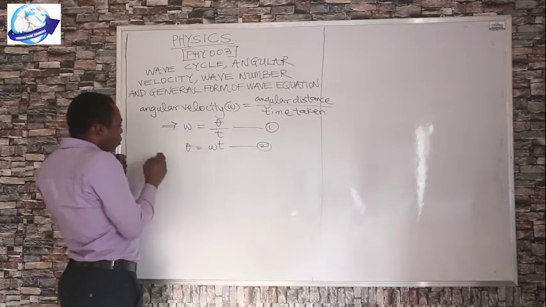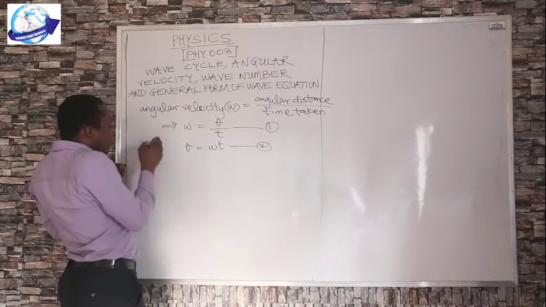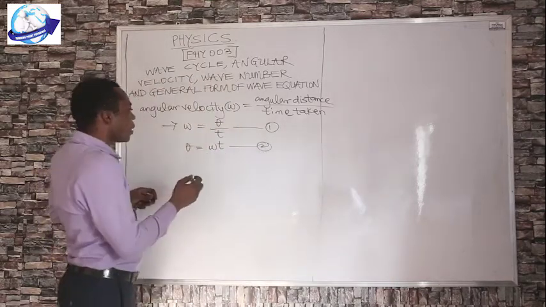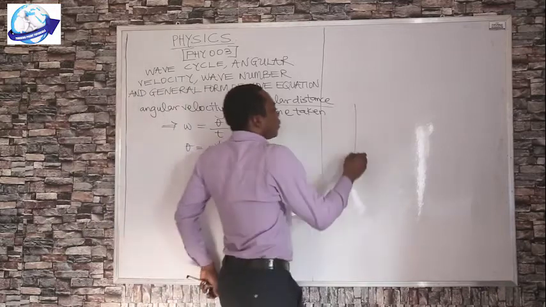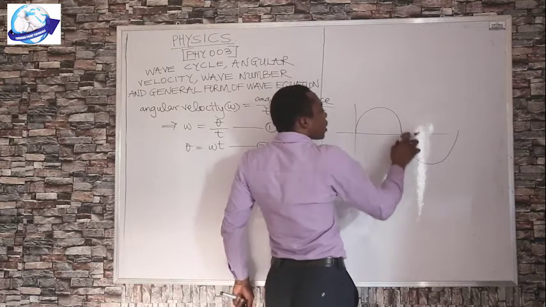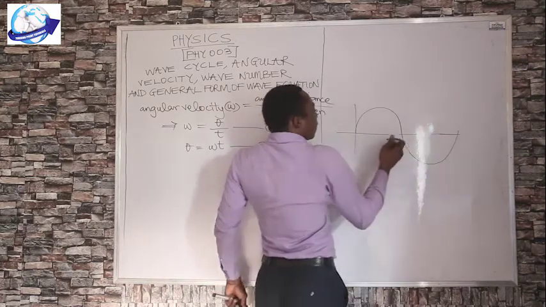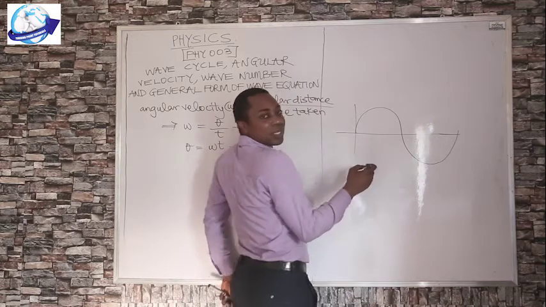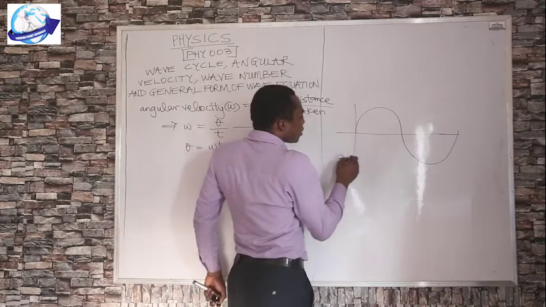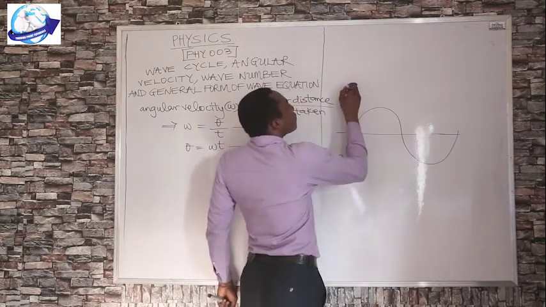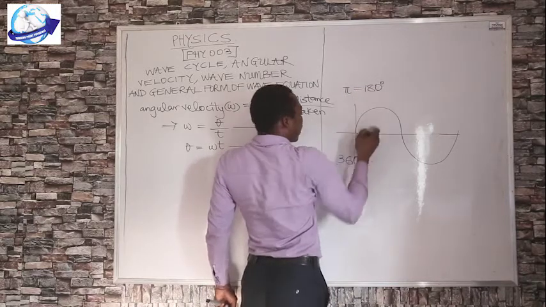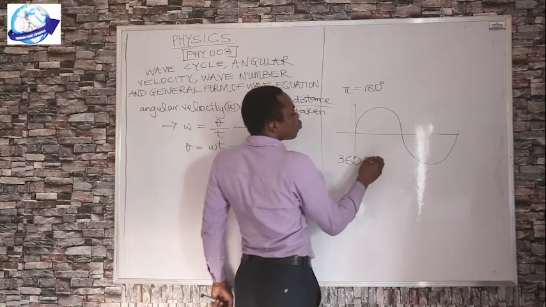We will recall that in a full cycle, when you consider the wave profile from here to here, you must have gone round an angle at the center of the cycle, and the angle at the center of the cycle is always 360 degrees. Now in trigonometry, pi always represents 180 degrees, and for this reason 360 degrees is the same as 2 pi.